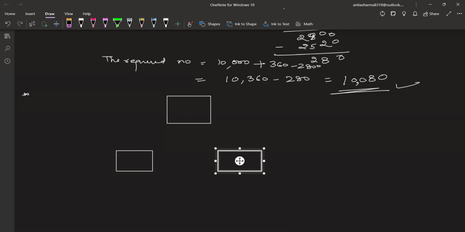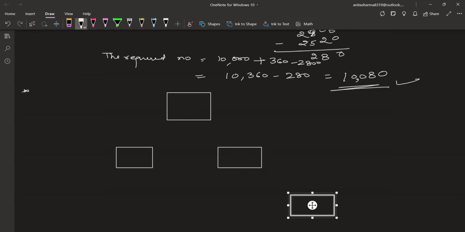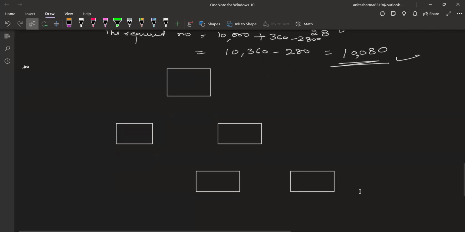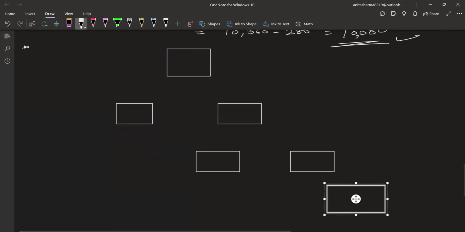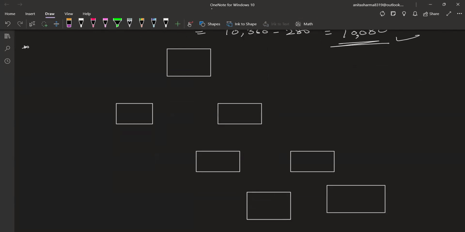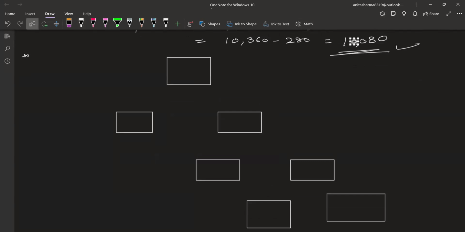This is a factor tree. They have asked this in the exam. Now see what they have given.